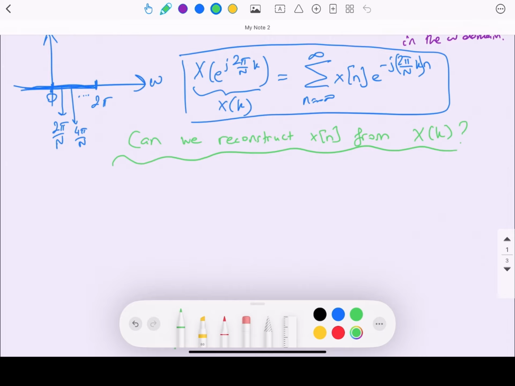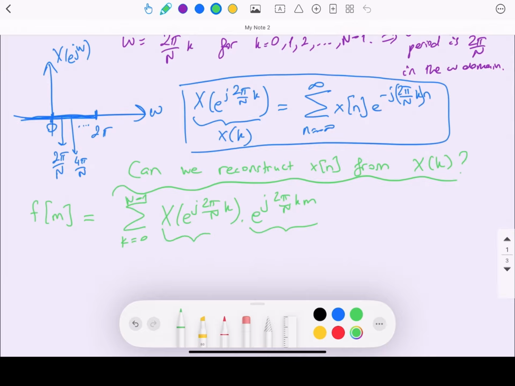So let's try to compute this. Let's say that the reconstructed signal is f of m, and it's the summation of these samples times e to the j 2 pi over N k m, and these are the basis functions, from k equals 0 to N minus 1. So let's put the X of k formula here into its place.